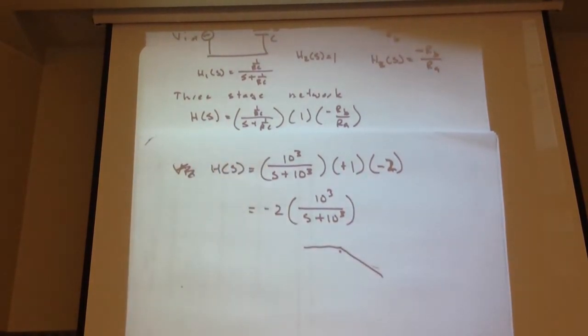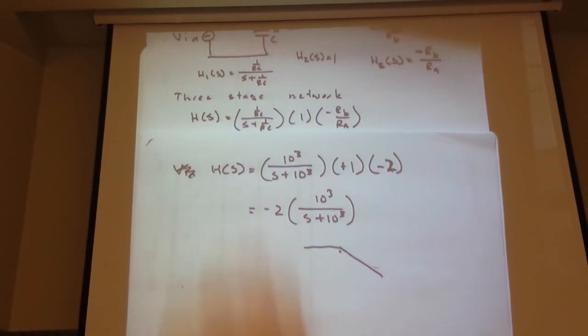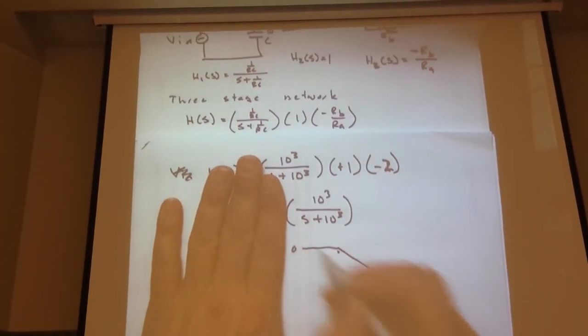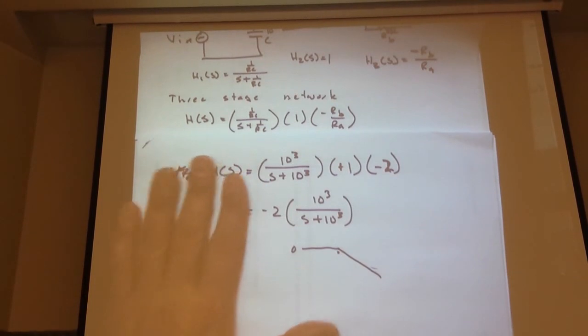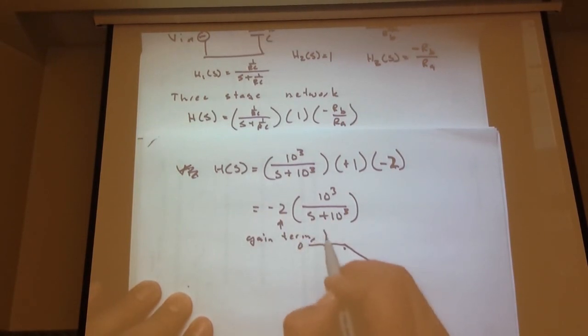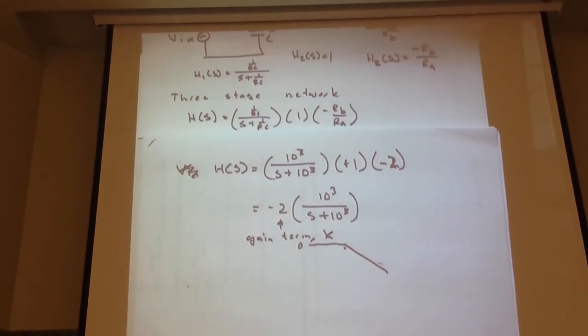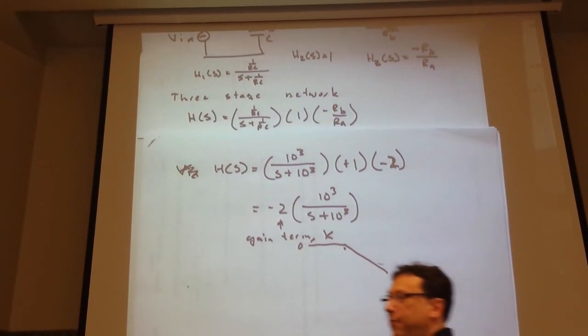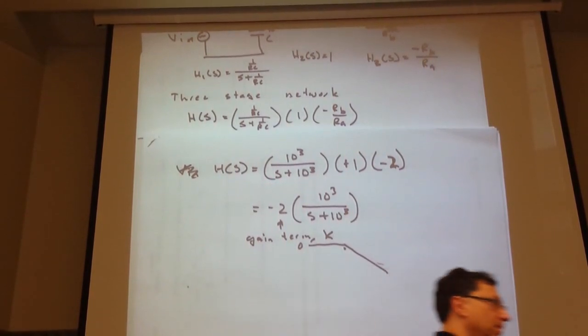However, we have a minus 2 here. So just this would be at 0 dB. But we have a gain term. That's a gain term. And I've been using this K all along. That's what I meant by it. K is a gain term.